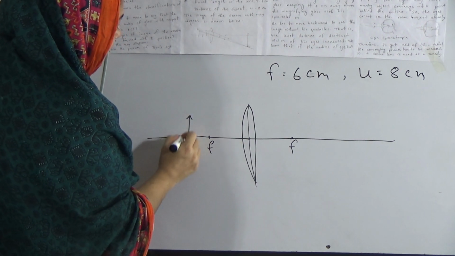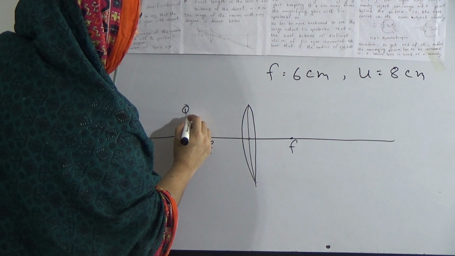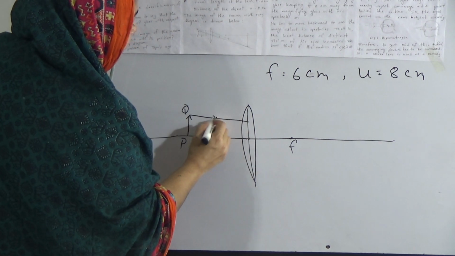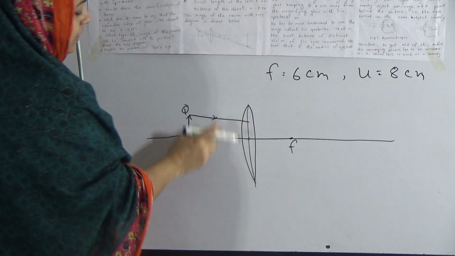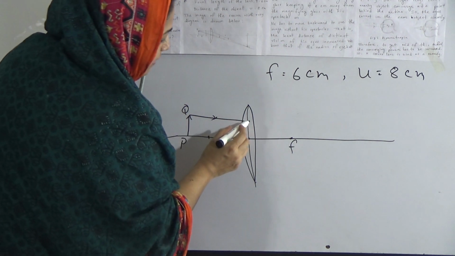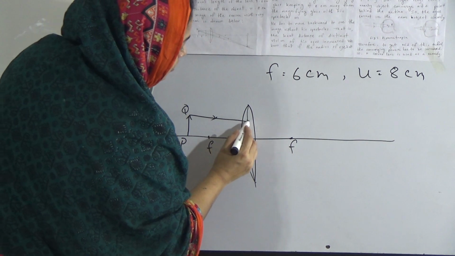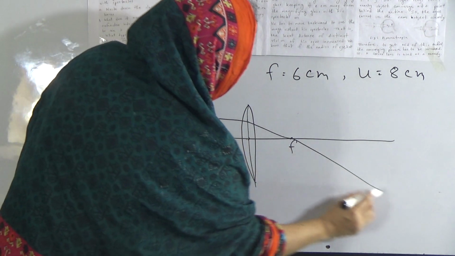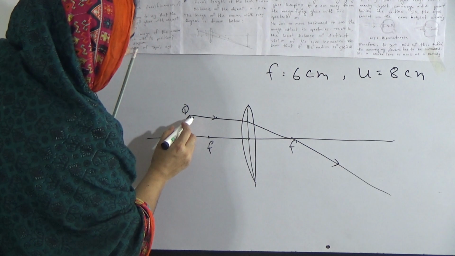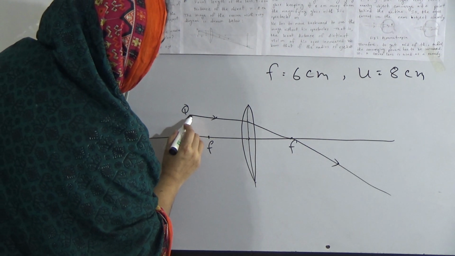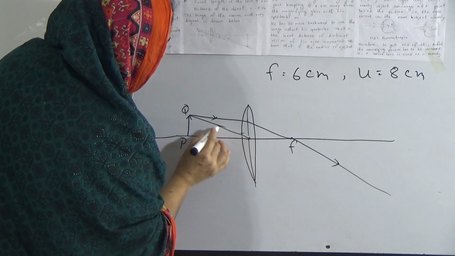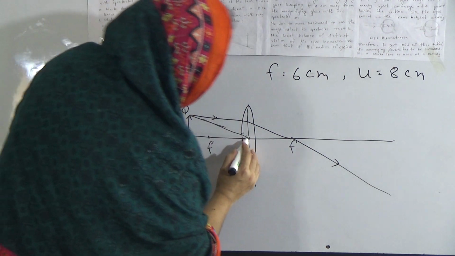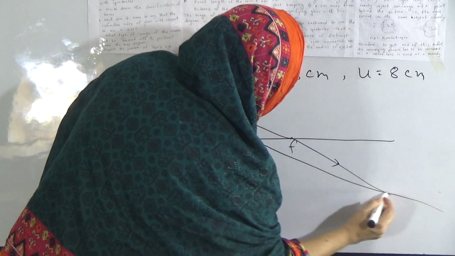Okay, suppose PQ is the object, then light coming from Q to the lens, after refraction it will be parallel to the principal axis, and it will go through the focal point. Okay, it will go through the focal point. Another light ray coming from here will go through the center of the lens. Okay, it will go through the center of the lens, and after refraction it will go in a straight line.